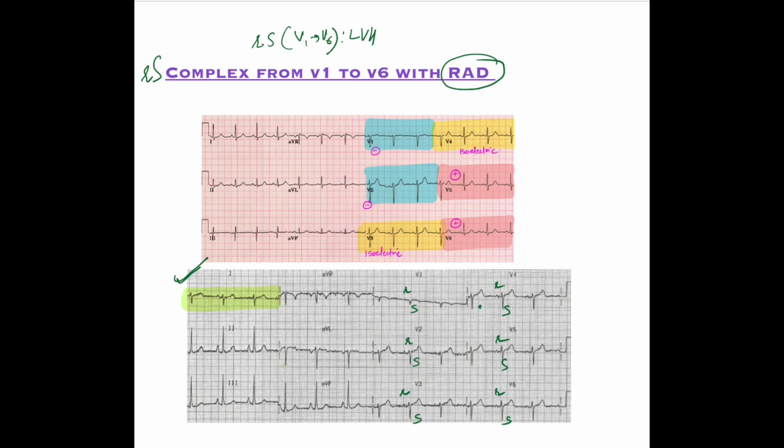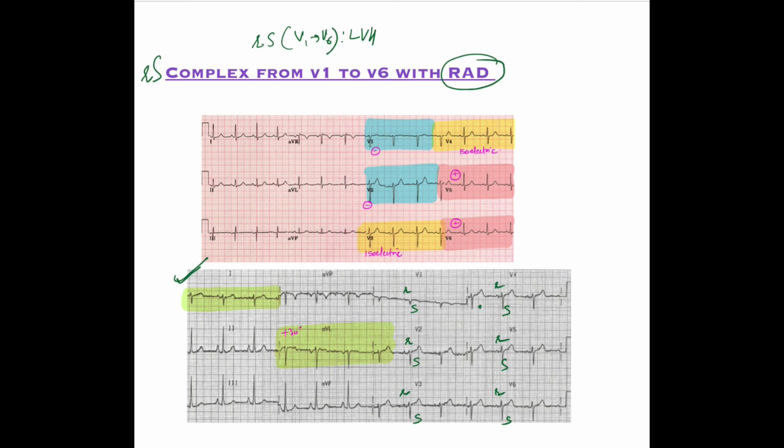The next step is to find the lead which is perpendicular to the lead 1. So which is the lead that is perpendicular to the lead 1? So that's the lead AVL. Okay, so this is the lead AVL. So we know that the normal axis of the AVL is plus 30 degrees.